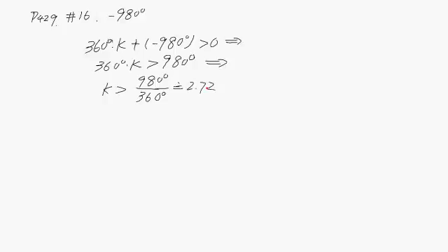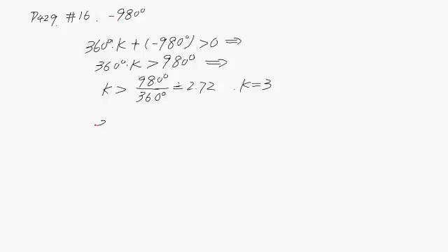Then we find the nearest integer which is greater than 2.72. Which integer is the nearest integer greater than 2.72? 3, right? So k equals 3. After we take k to be 3, we can find an angle which is coterminal with the given angle.